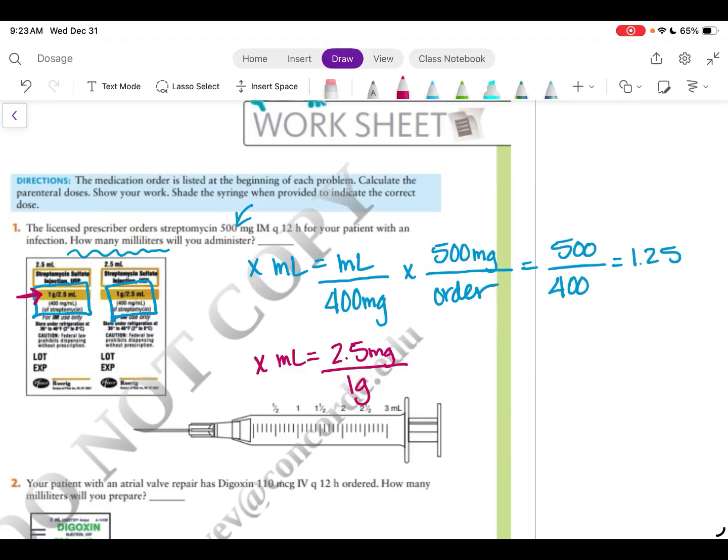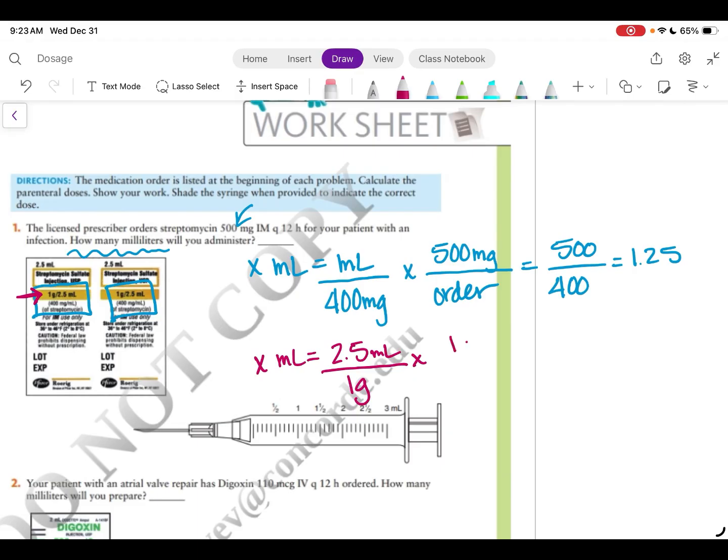But then I have to convert, which is an extra step, which is why I did the blue one first, right? But just so you guys can see all the different ways, I'm going to do it this way as well, okay? So 2.5, let's just say milliliters. 2.5 milliliters, right, in 1 gram. But my question is in milligrams, right? So I have to convert.